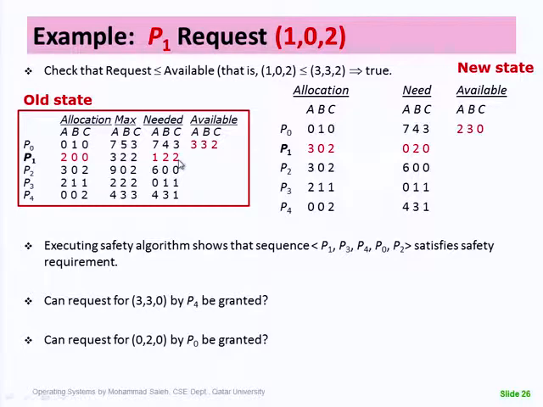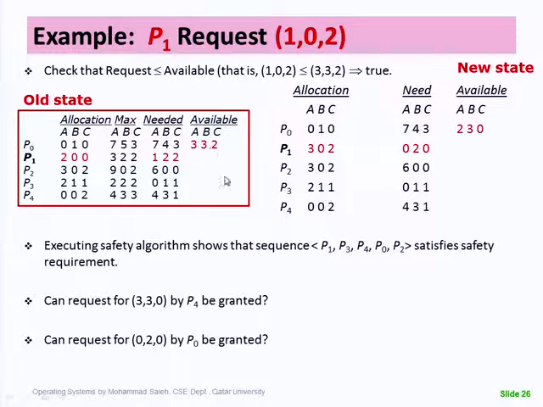Now we check the second test. The second test says, check whether the request is less than or equal to available. What we have in available is 332. The system has the resources needed by the process. So the request is less than or equal to available. So the second test passed, okay?